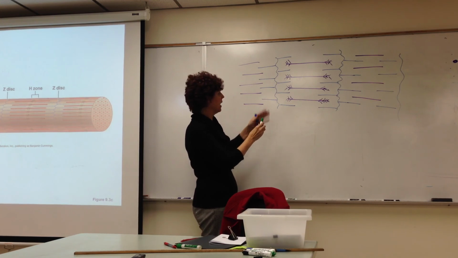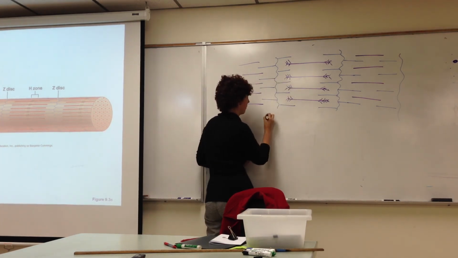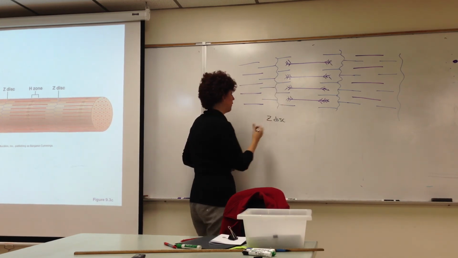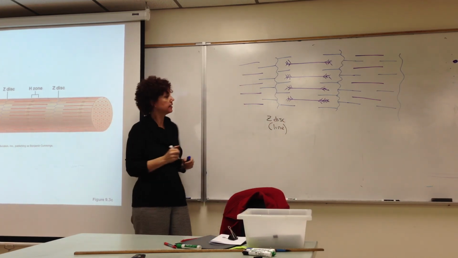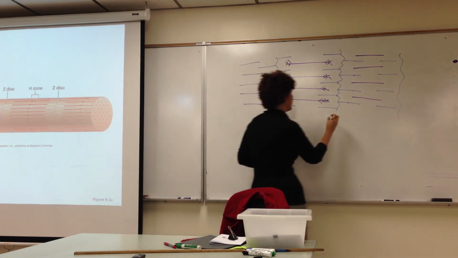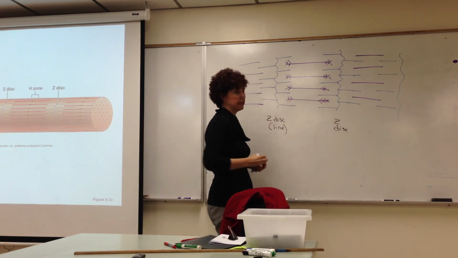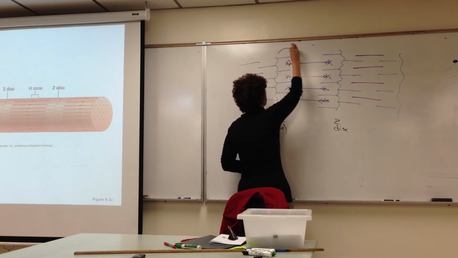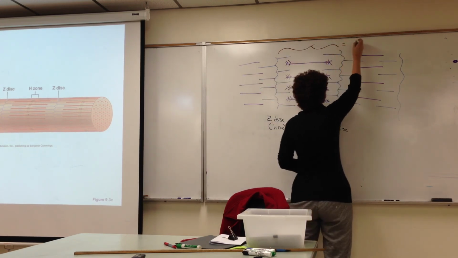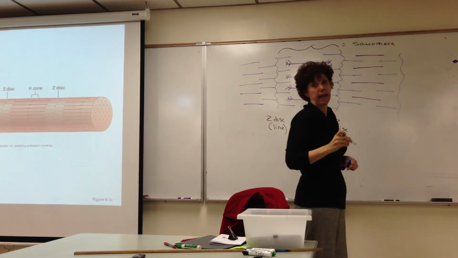As I draw, this is called a Z-disc, or in this view, a Z-line, but it's a three-dimensional Z-disc. From Z-disc to Z-disc, or Z-line to Z-line, this structure is identified as a sarcomere. Told you we're going to use sarco and myo so many times.